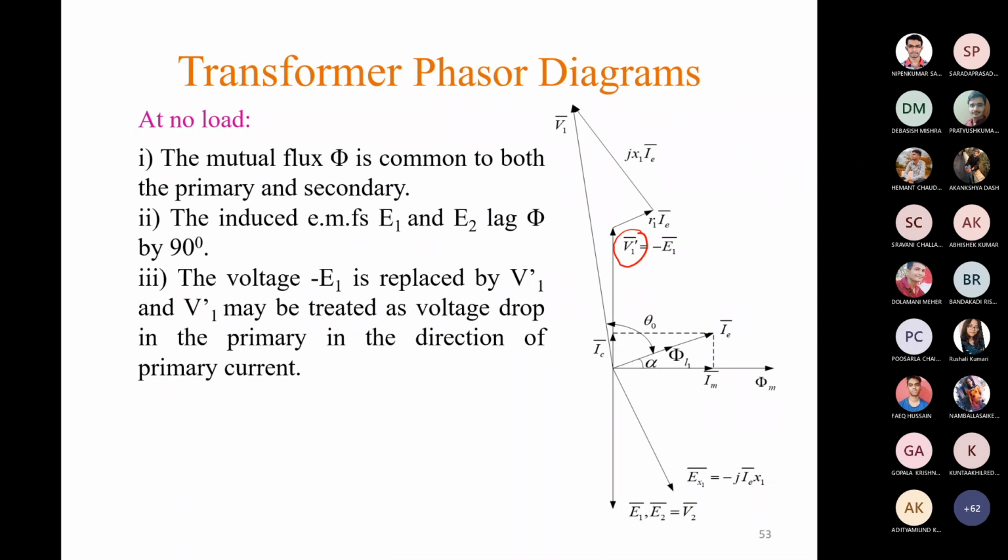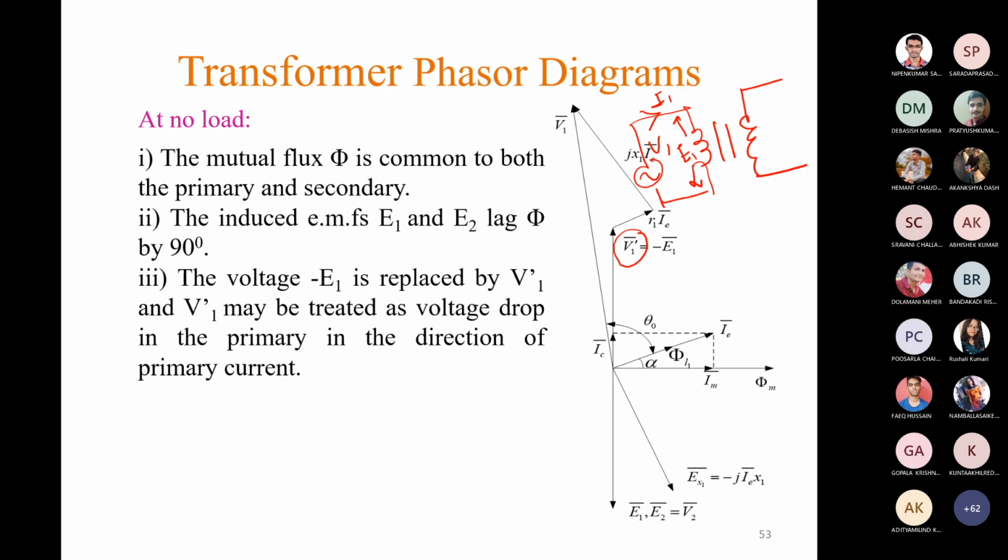Okay, if we consider the schematic diagram, this is the supply voltage V1, this is the primary current I1, then E1 is here, which is opposite to that of V1, but as we have some voltage drop due to the winding resistance and leakage reactance, V1 is not equal to E1.